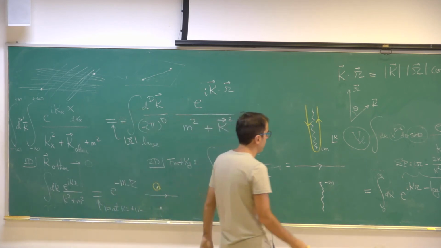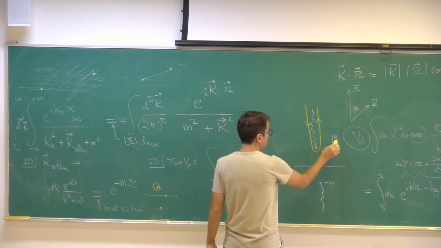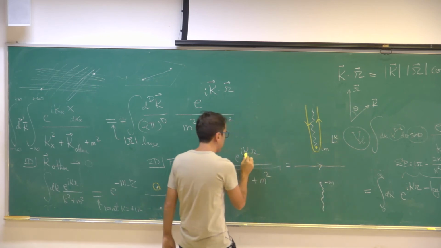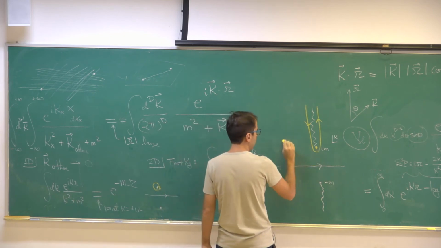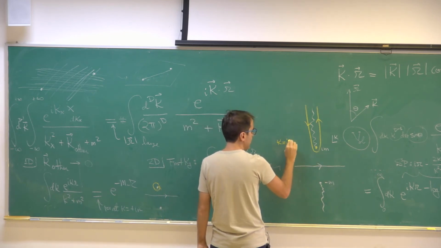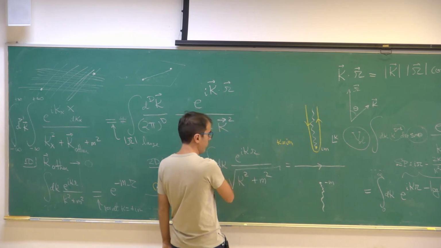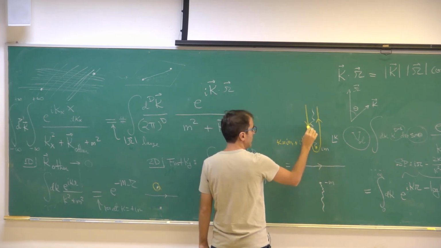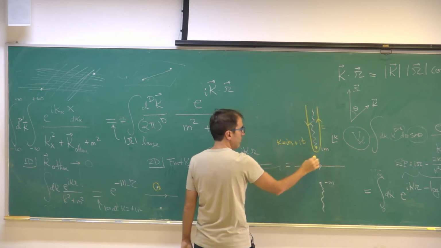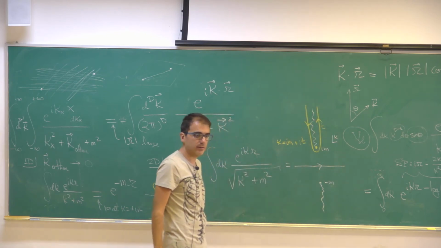Because then when I surround, you see that k is im, but im gives me e to the minus m r. So it's smart to say that k is im plus it, where t is this variable that now moves me along the cut here.